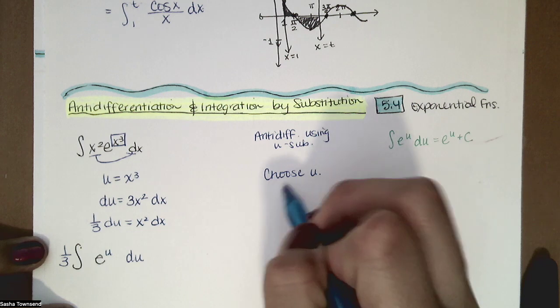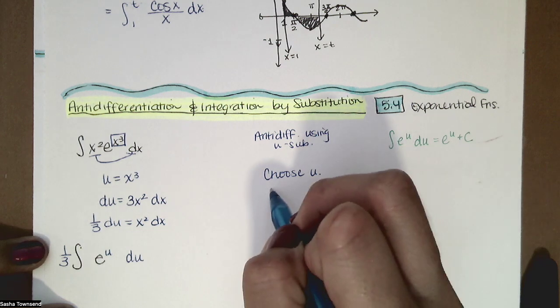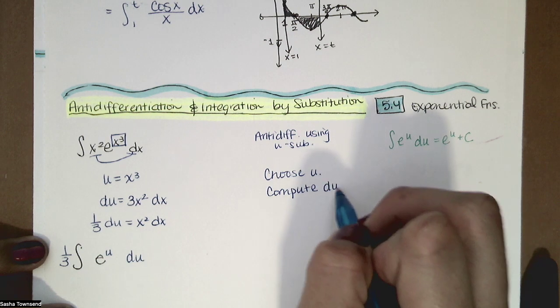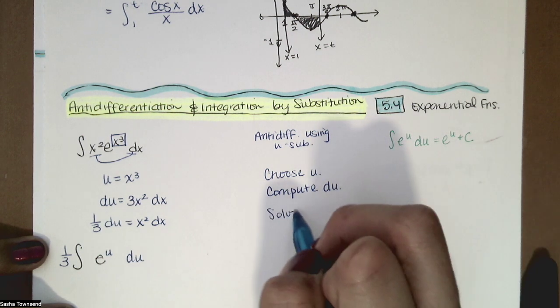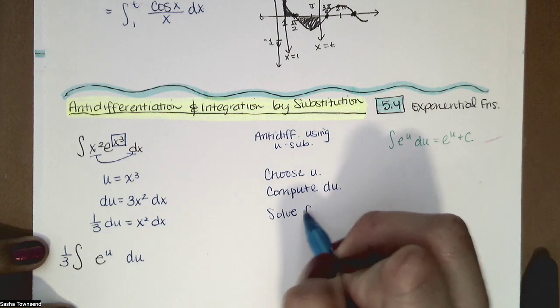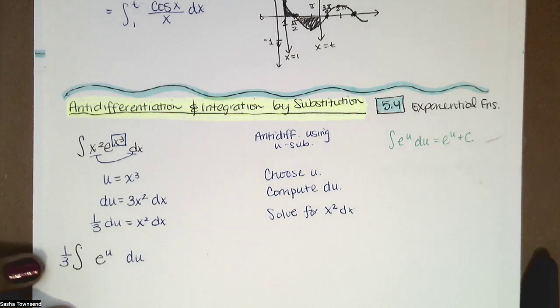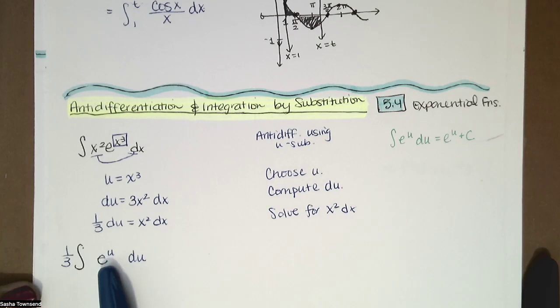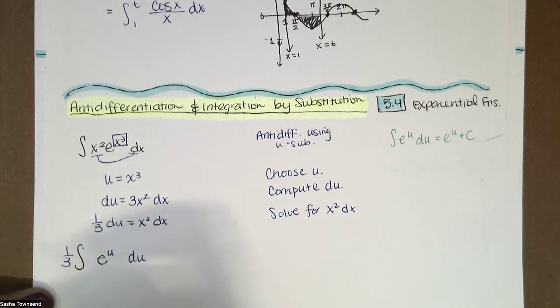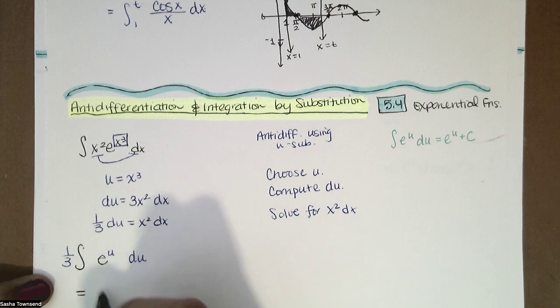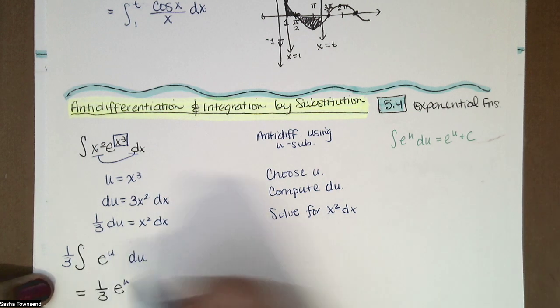So what did we do? We chose u, excuse me, the inside function. We computed du, and then we solved for x squared dx, because that was the extra factor multiplying that exponential function. And then we say, do I have a basic rule for that? And we certainly do. The antiderivative of e to the x with respect to x is just e to the x plus c. So the antiderivative of 1/3 e to the u is going to be 1/3 e to the u plus c.